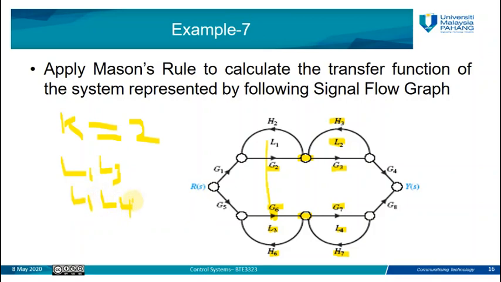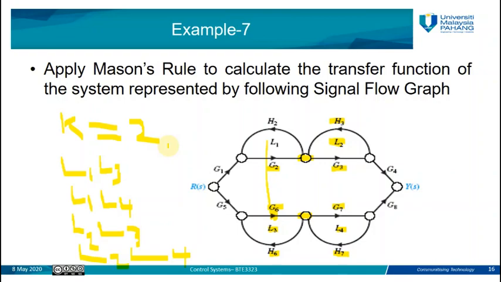So we have 2 non-touching loops considering 2 at a time: L1, L3 and L1, L4. Also L2 is non-touching with L3, and L2 is non-touching with L4. So we have L2, L3 and L2, L4.